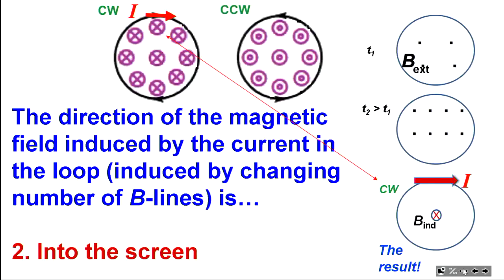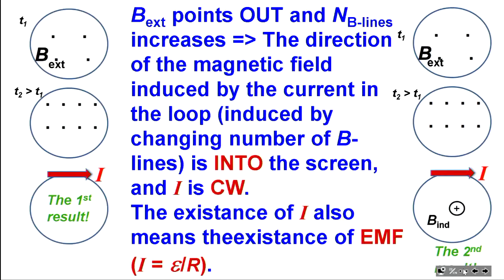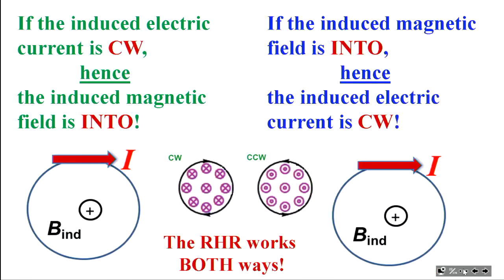That's the answer. Now, the summary. That was the first fact. Now the second fact. And another summary. It's important to remember that most commonly we use this rule in order to figure out the direction of the induced magnetic field, or just magnetic field, if we know the direction of electric current.